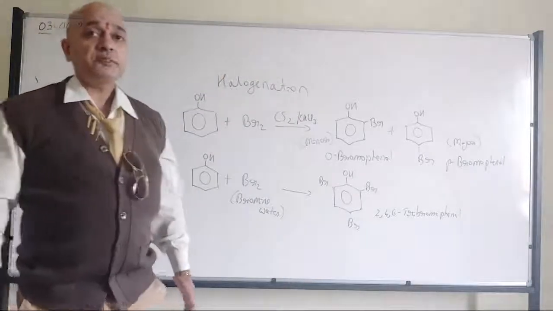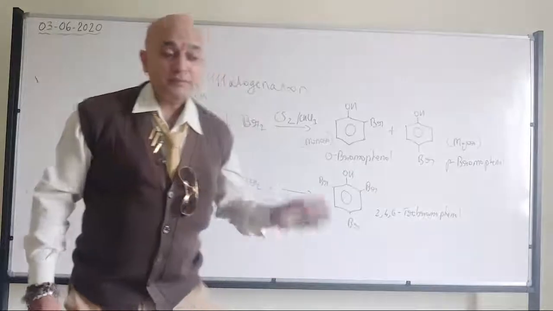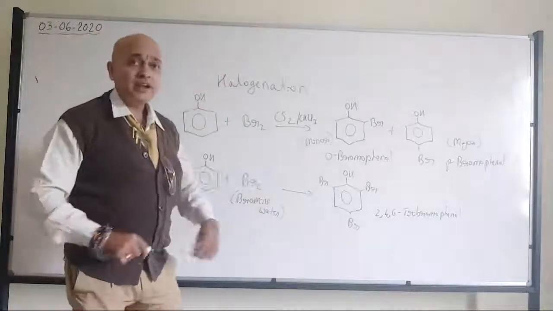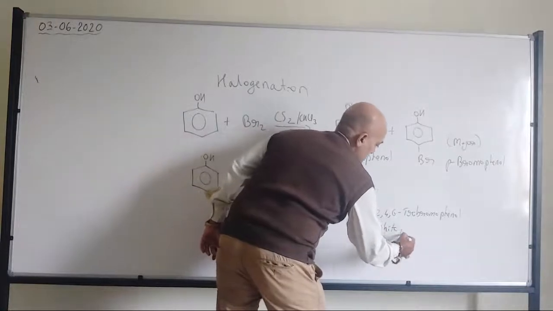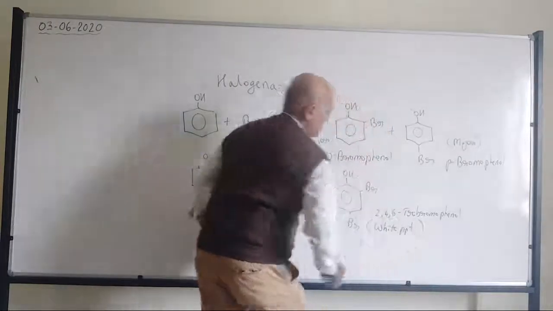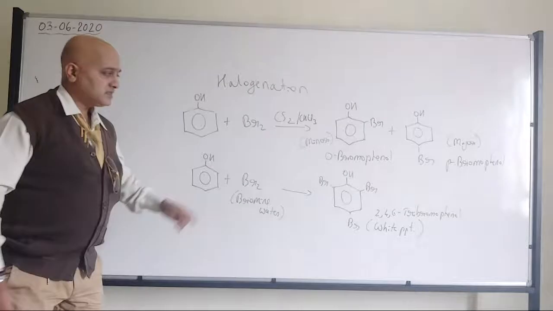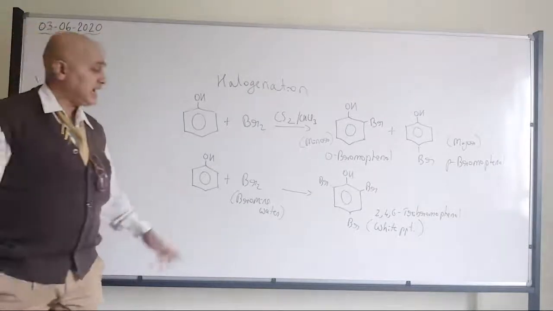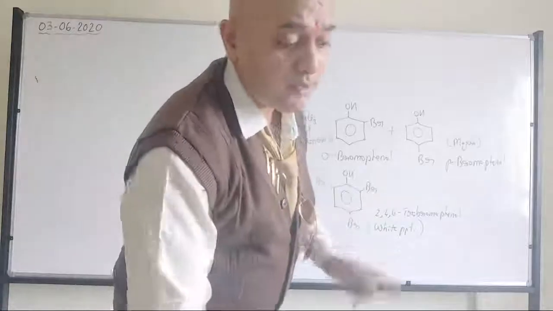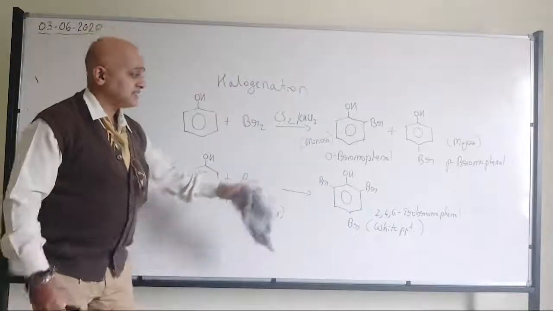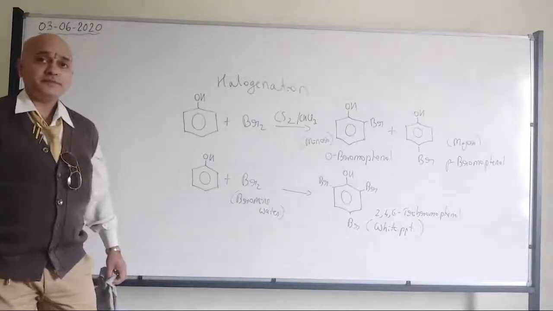So it will form a white precipitate. That's where we have the reaction with bromine water. The tri-substituted product we get is tribromophenol.